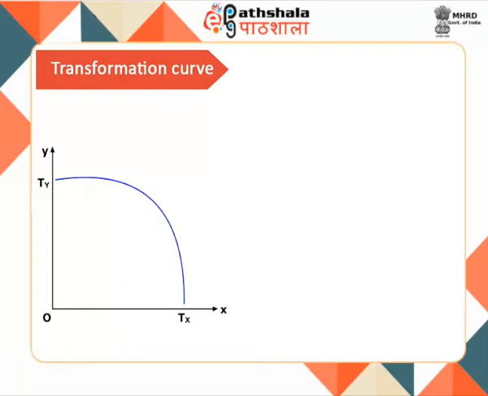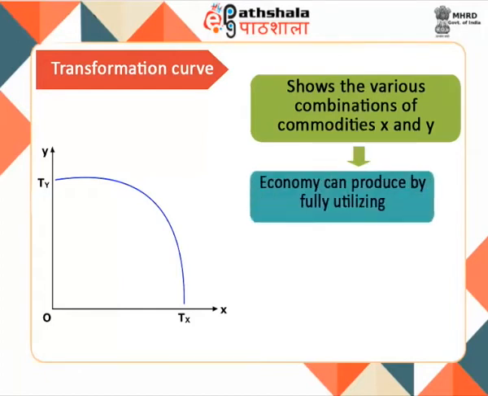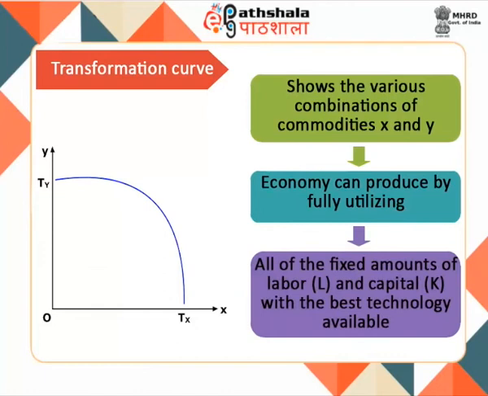The transformation curve shows the various combinations of commodities X and Y that the economy can produce by fully utilizing all of the fixed amounts of labor and capital with the best technology available.